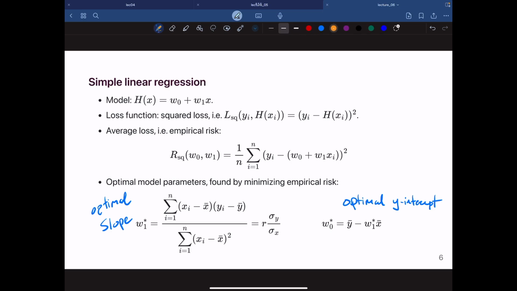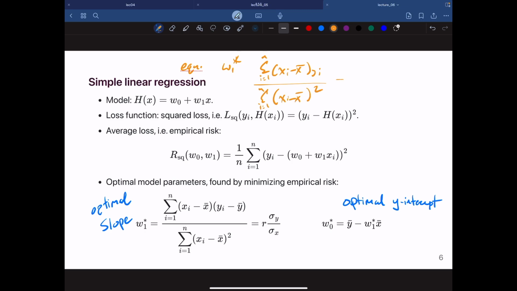So the equivalent versions of this would be the sum of x sub i minus x bar times y i, over the sum of x i minus x bar squared.